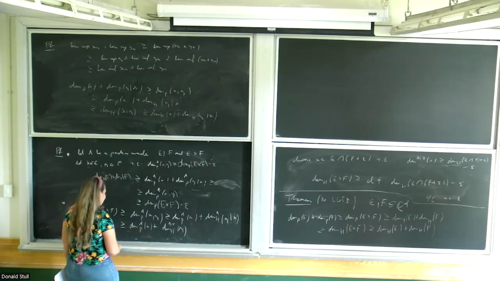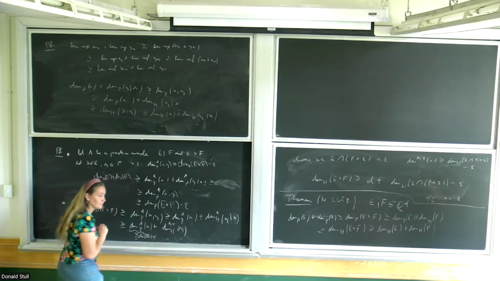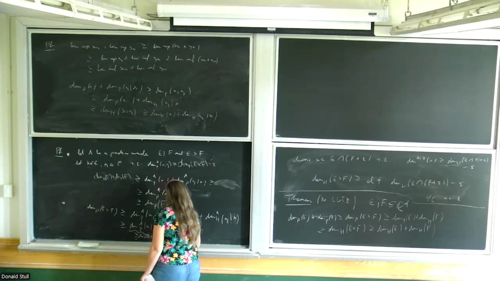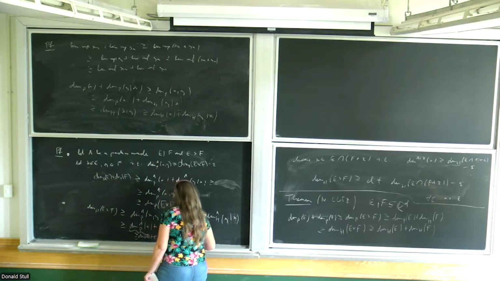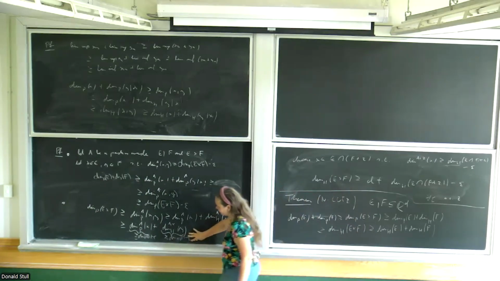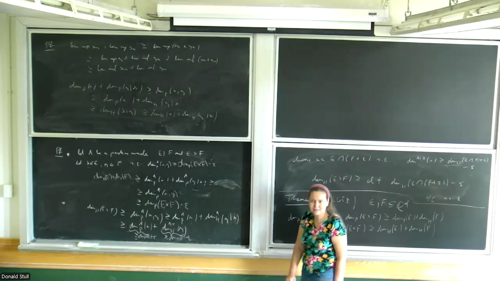I choose x such that this term here is larger than the packing dimension of E minus epsilon. And then I choose y such that this term here is larger than the Hausdorff dimension of F minus epsilon. So, except for the last step, everything was true for every x and y. And now this is how I choose x and y.